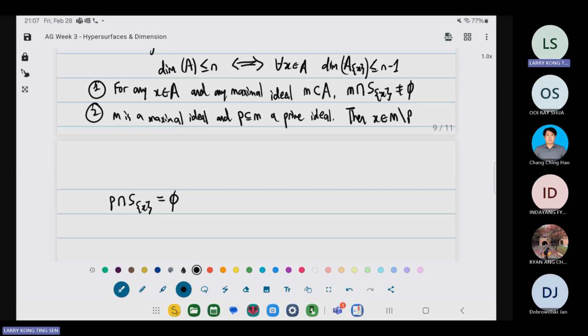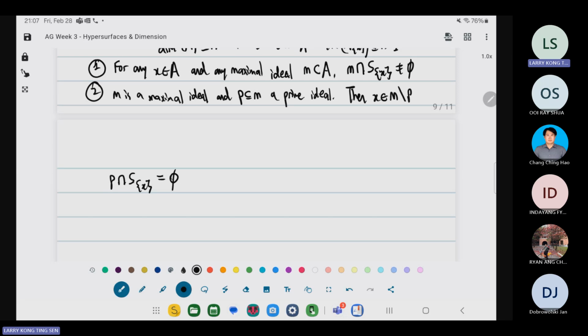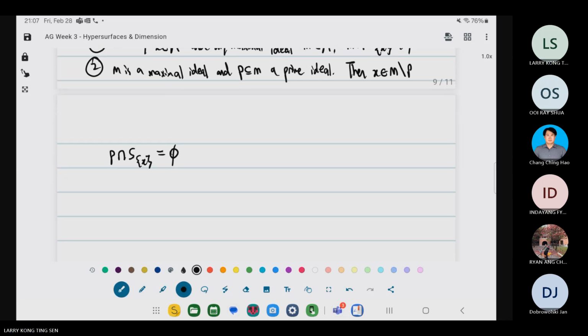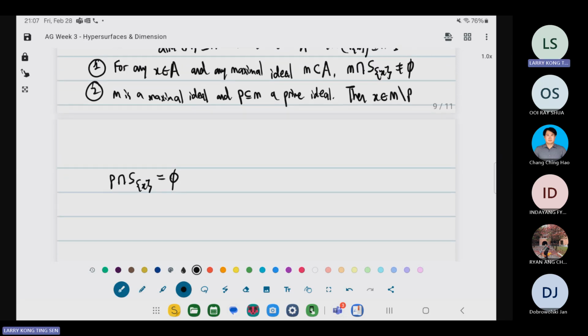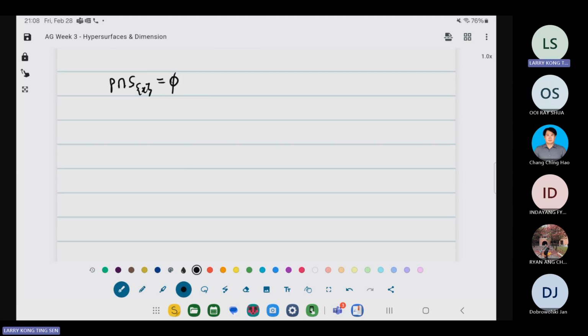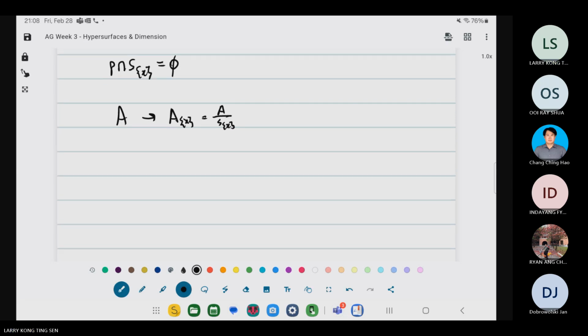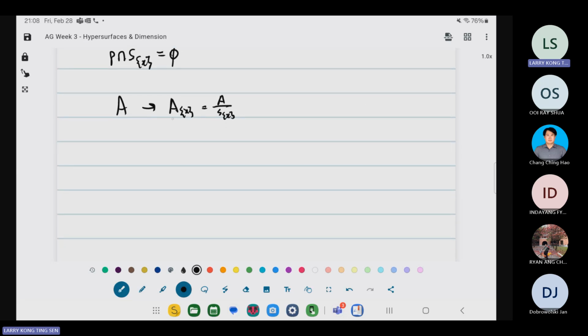So we can basically show these two facts, and they tell us that since the maximal ideal and this S_x always intersect, when we pass from A to A_x, we always end up quotienting this maximal ideal away.